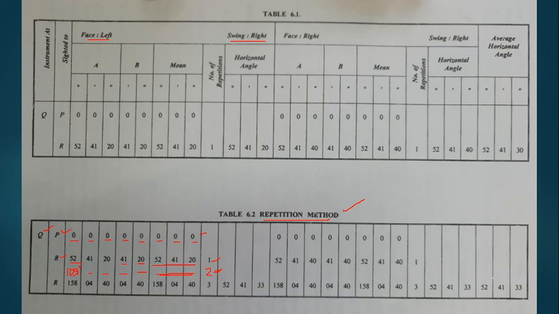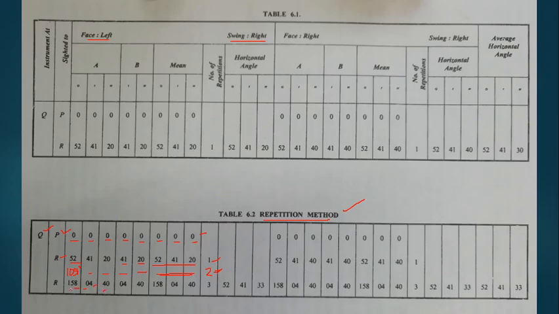Now I will go back to the diagram. So here on the main scale at vernier A, for this particular case I got 158 degrees and 00 minutes as the main scale reading and 4 minutes and 40 seconds as the vernier scale reading.